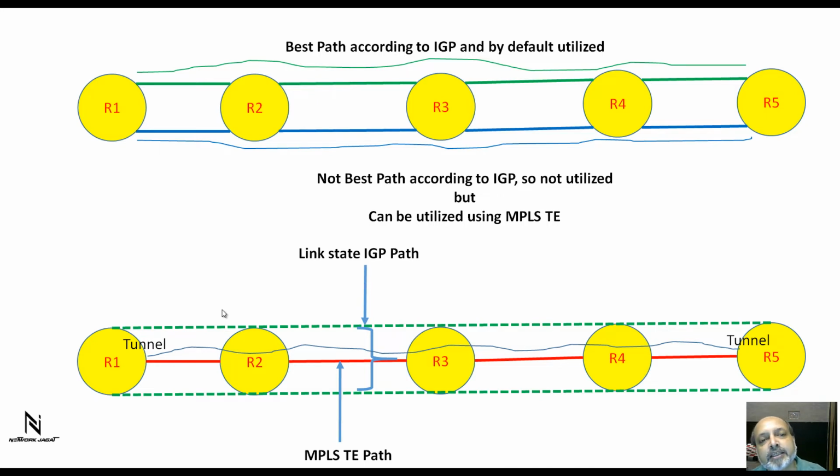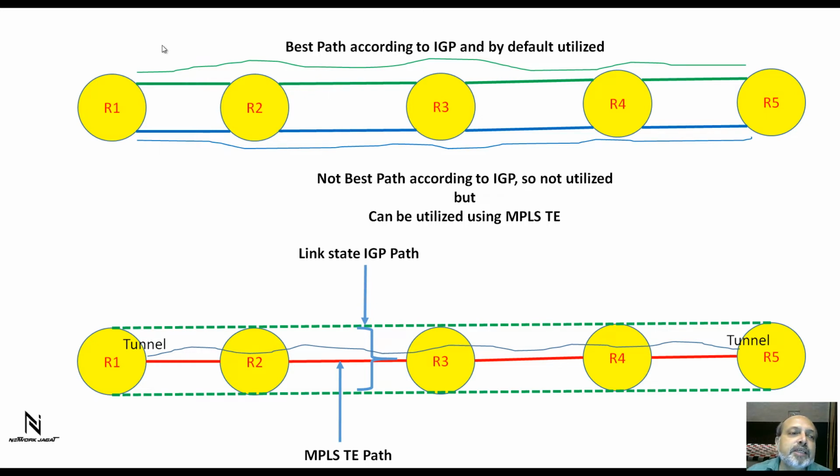Now, in that case, if this green path is declared first and it has a path option of 5, and then we have declared this blue path with a path option of 1, that means a lower value, don't consider that this blue path will be considered first, right? Don't think like that.